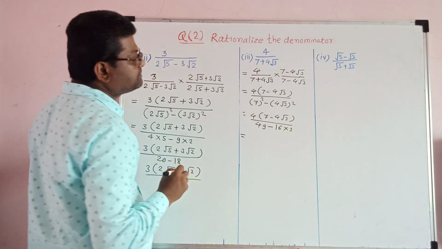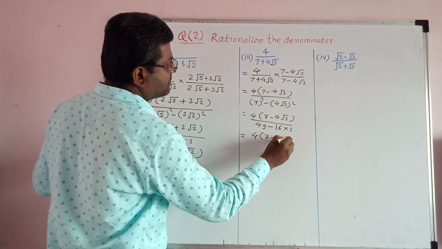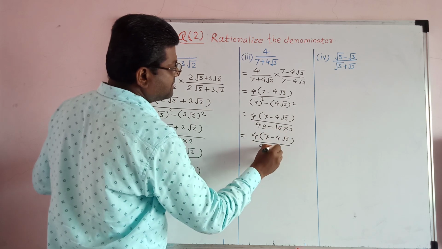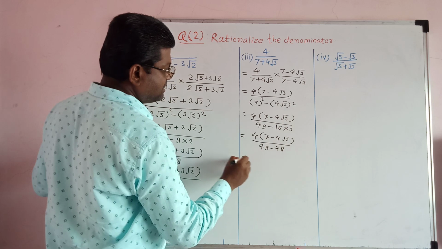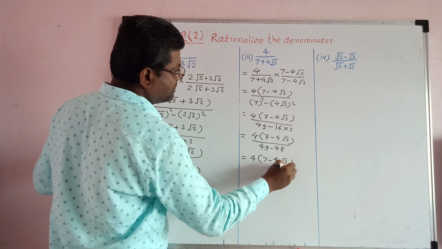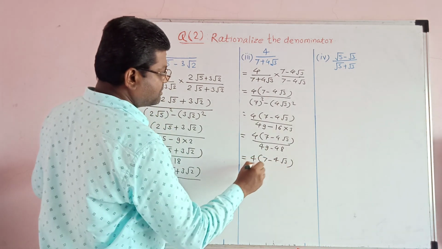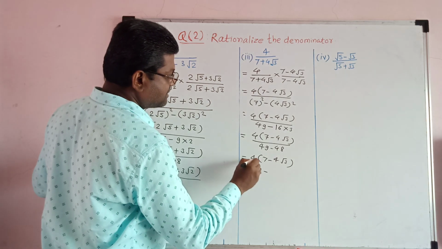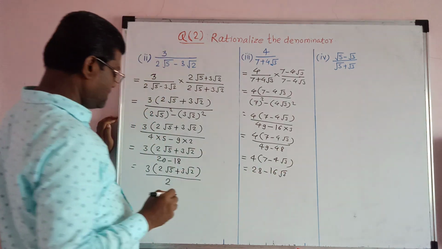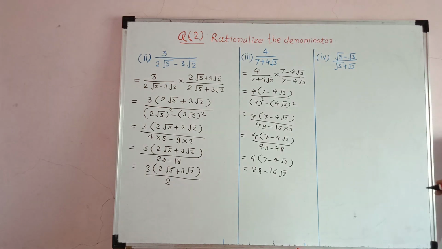So equal to 4(7 minus 4√3) upon 49 minus 16 into 3 is 48, which is equal to 4(7 minus 4√3). Let us multiply by 4 in the bracket: 4 into 7 is 28 minus 4 into 4 is 16√3.